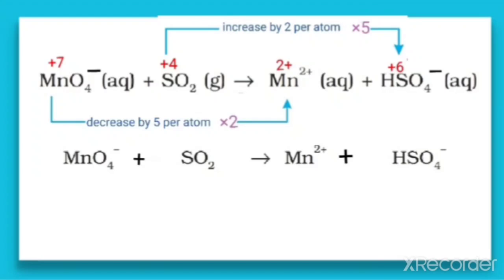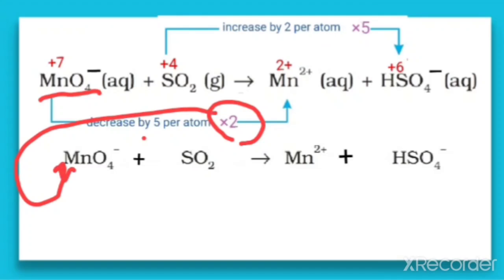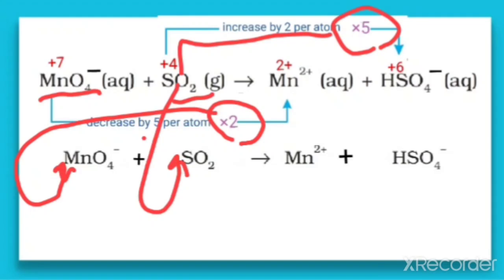That means here MnO4 negative, the value is decreasing by 5 per atom, but for equalizing we have multiplied with 2. So that number should be taken as the stoichiometric coefficient. And similarly, here 5 is for SO2, that you can see in this line. So that 5 you have to write as the stoichiometric coefficient here.